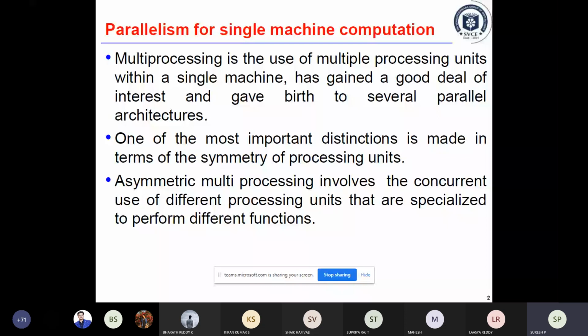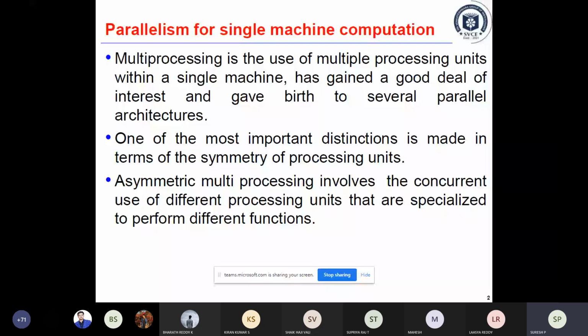As the name suggests, symmetric means 2 or more identical processors. Inside your single system, 2 cores will be there, and those 2 cores are connected to a single shared memory, working on that shared memory where the data is kept.